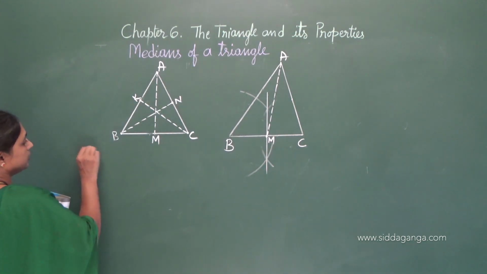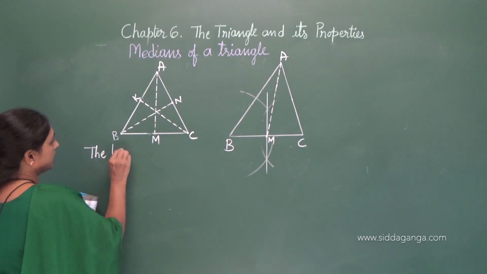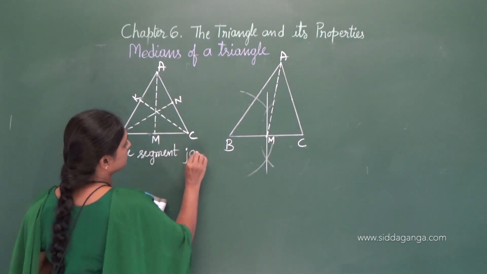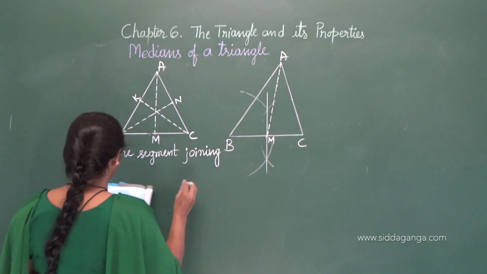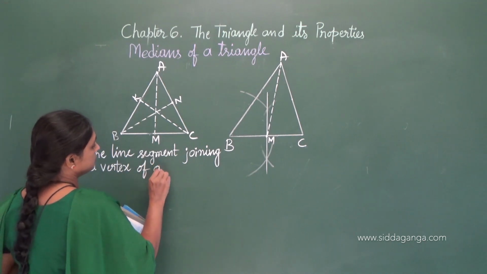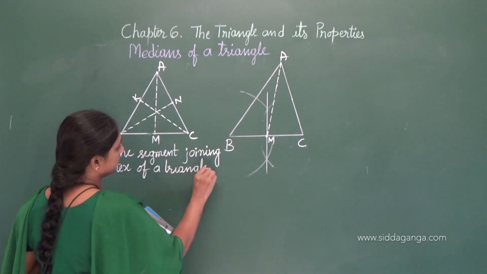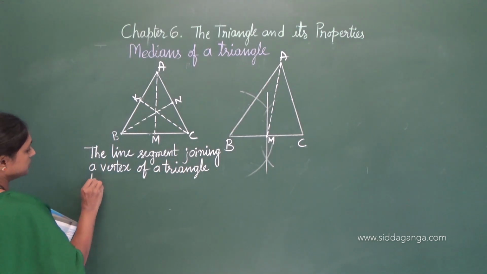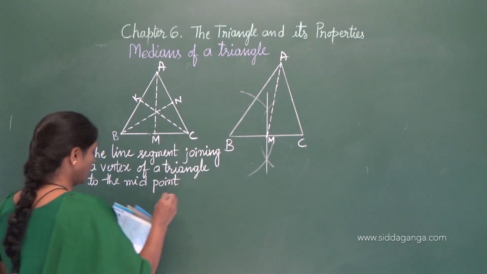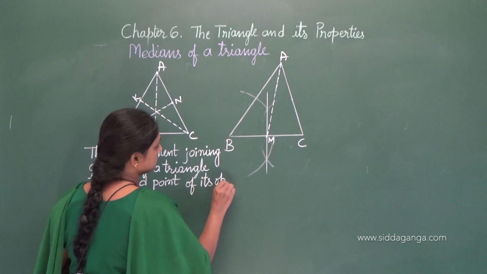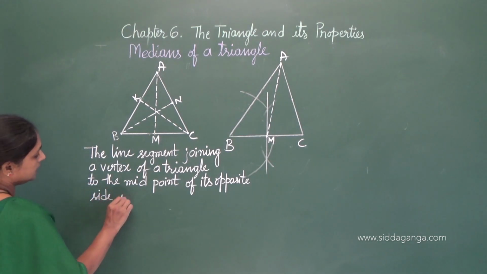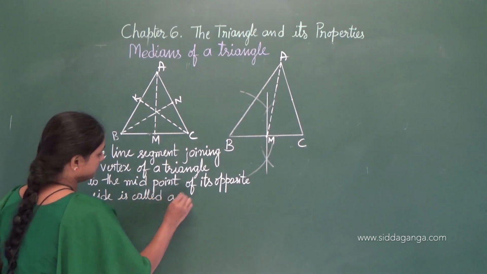The line segment that you can take, otherwise you have it in your textbook: the line segment joining a vertex of a triangle to the midpoint of its opposite side is called a median.